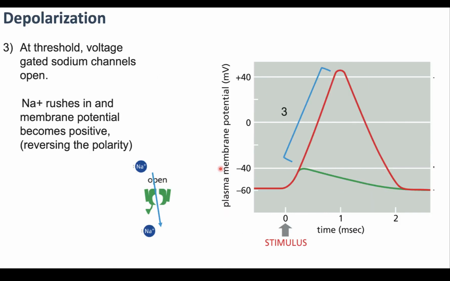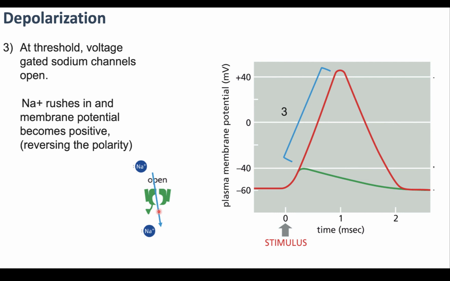At this point, we have a process called depolarization. When membrane potential hits threshold, voltage-gated sodium channels open. They are tuned to be open at any membrane potential, minus 40 millivolts and above. So here's a picture of the sodium channel. We can see now that it is open, and sodium can pass through the channel, flowing into the cell, bringing positive charge.